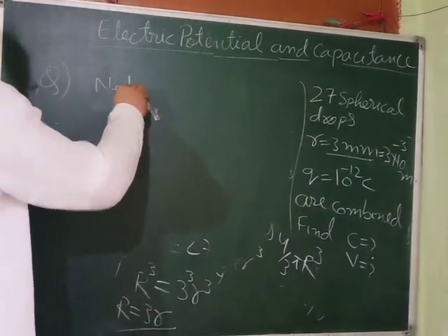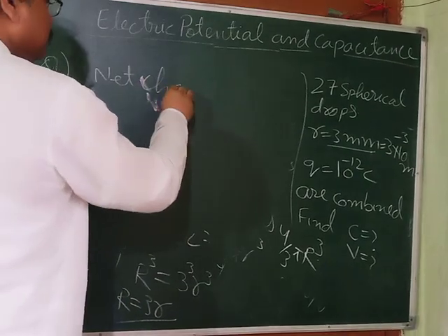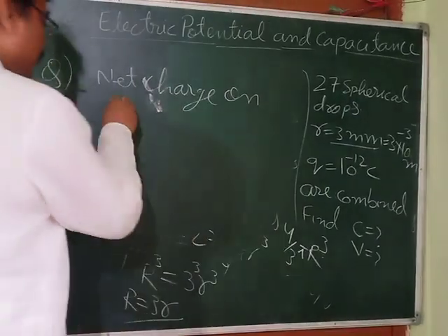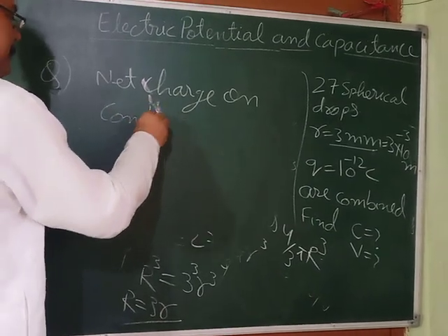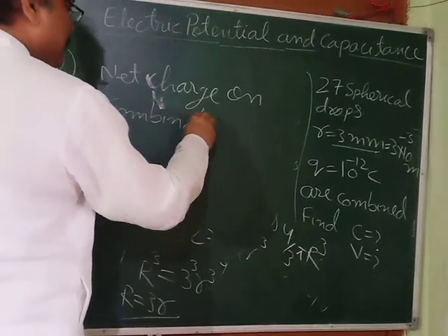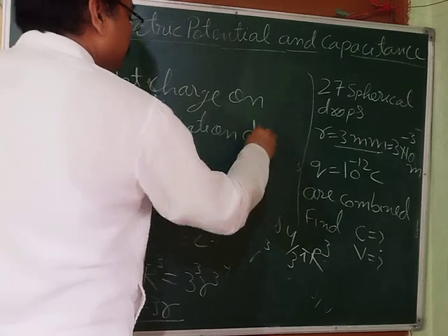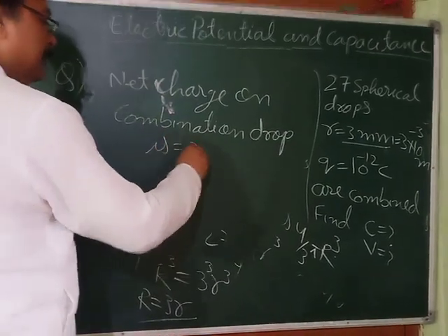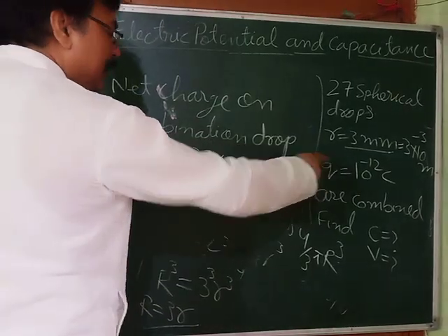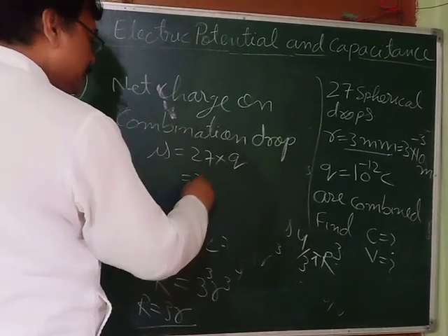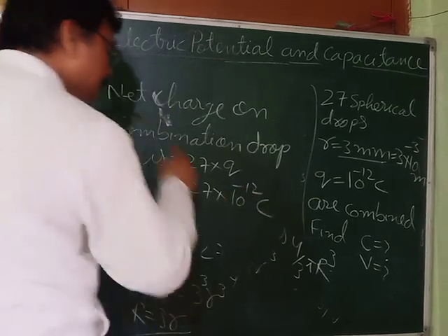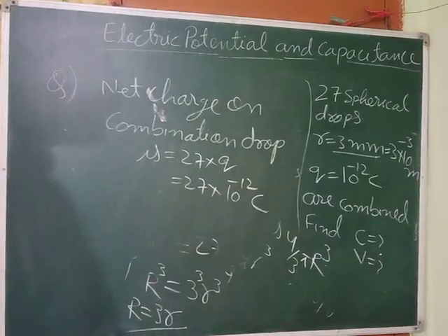Net charge on combination drop is 27 into that cube, that is 27 into 10 to the power minus 12 coulomb. This is the total charge. Okay.